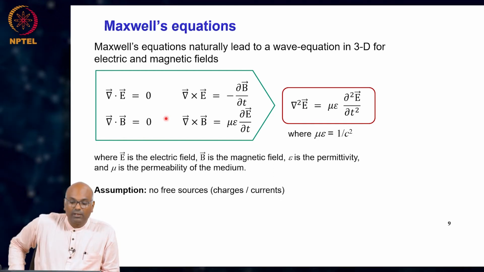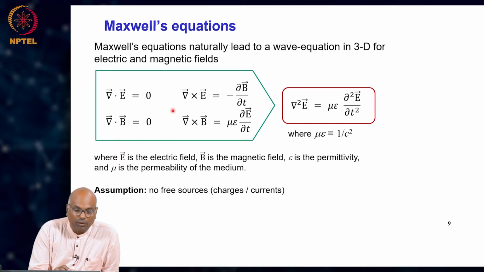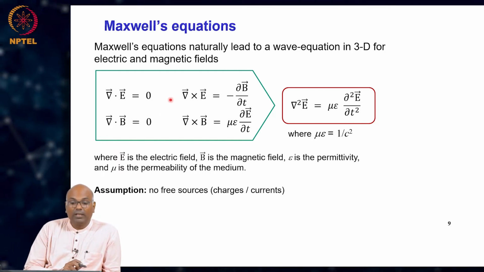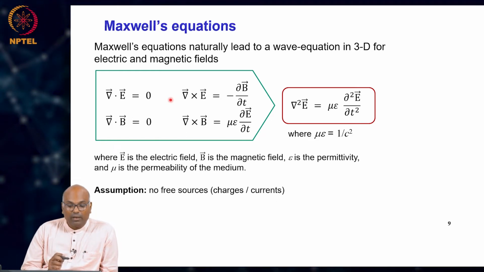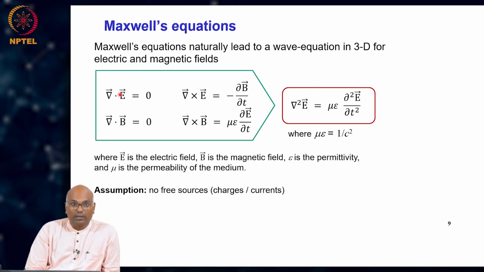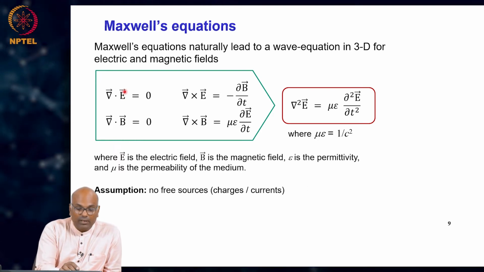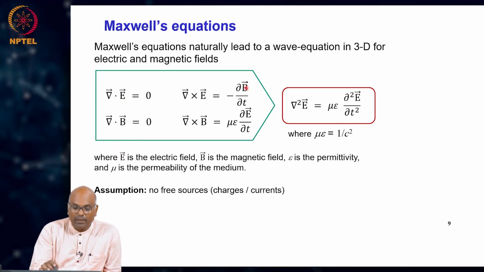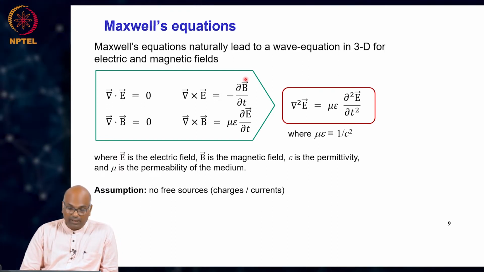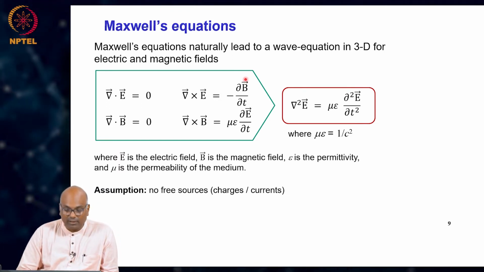But then we consider a particular form of Maxwell's equations in full 3-dimensional space, where the electric field is denoted by the vector E. E is a function of space and time, and the magnetic field is denoted by vector B. B is again a function of space and time.